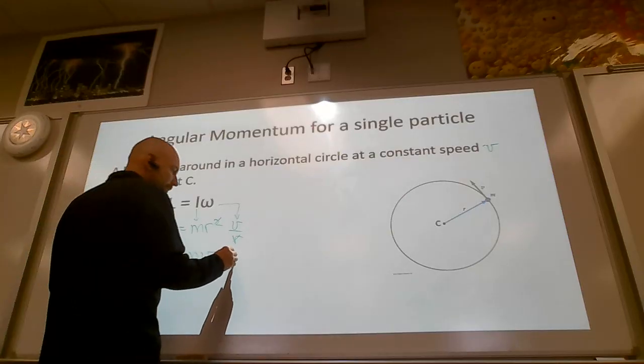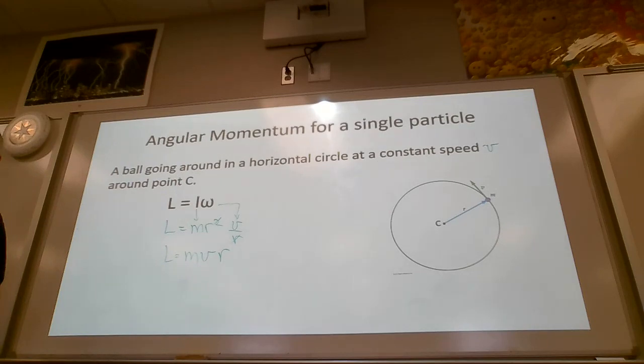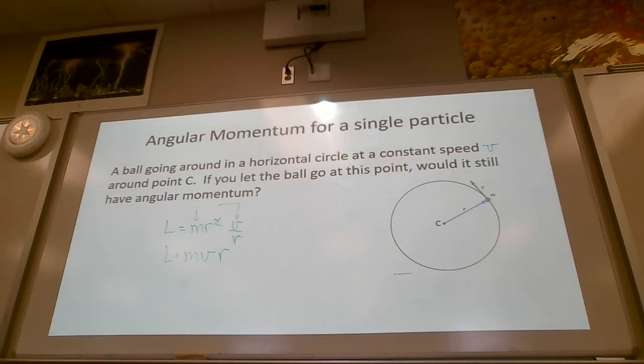Does that make sense, where that came from? So the question is, if you let this ball go, would it still have angular momentum about point C?